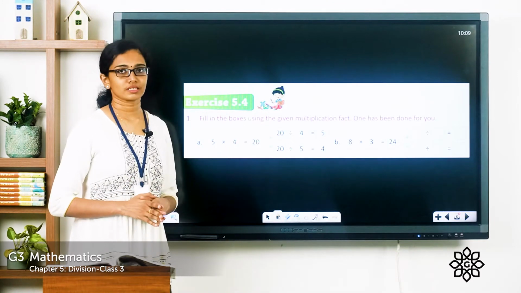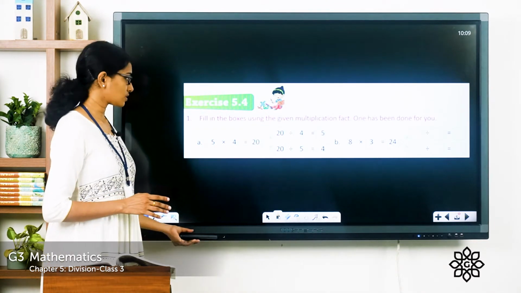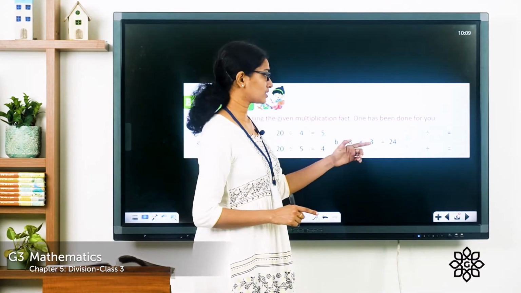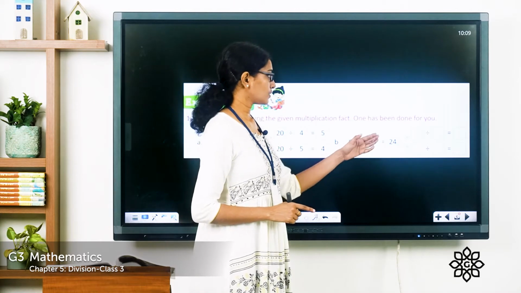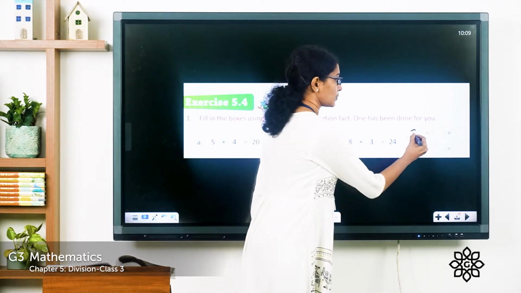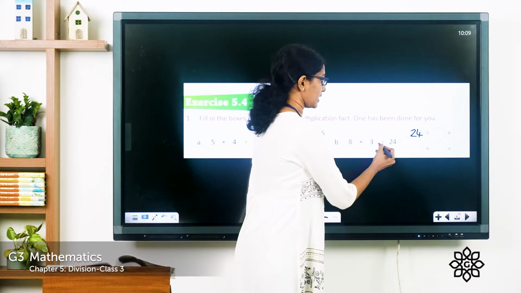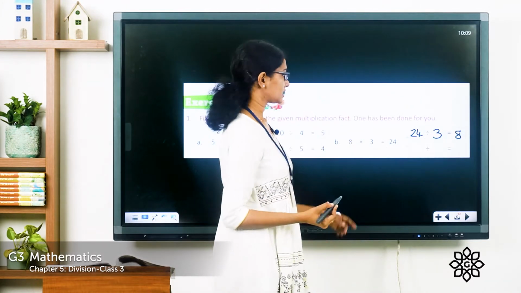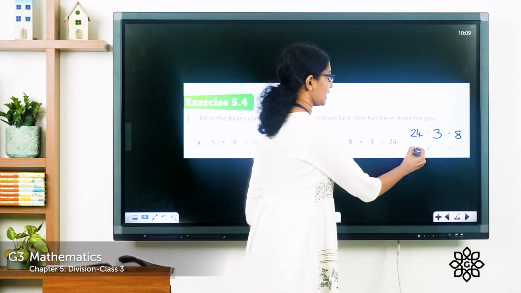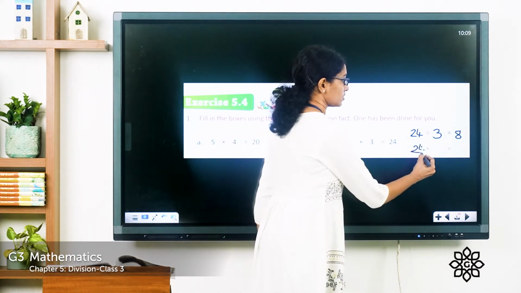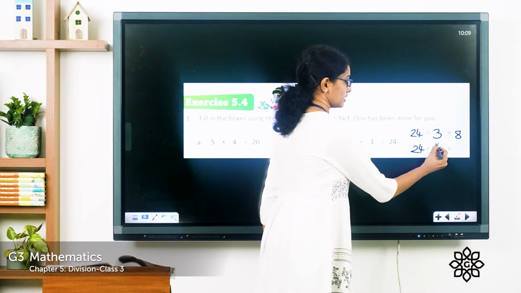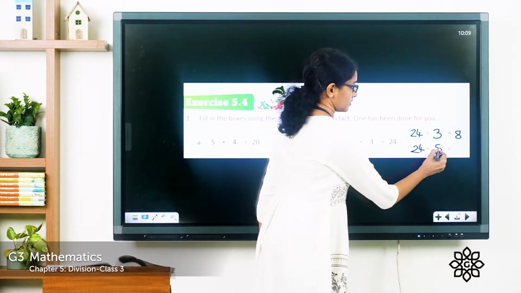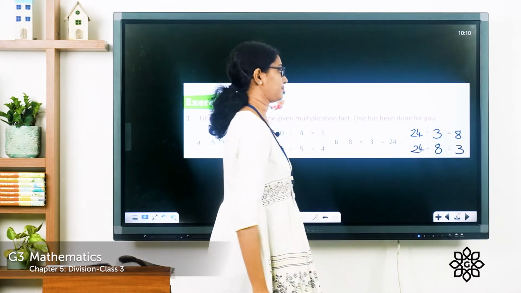Let's see the second question. Question B: 8 into 3 is equal to 24. So let's write the division facts for this multiplication fact. The first one, 24 divided by 3 is equal to 8, and 24 divided by 8 is equal to 3.